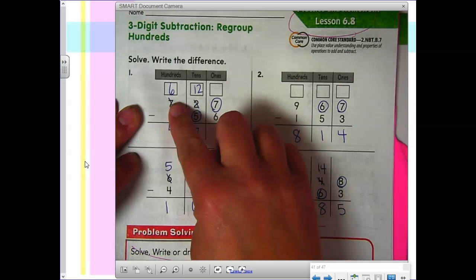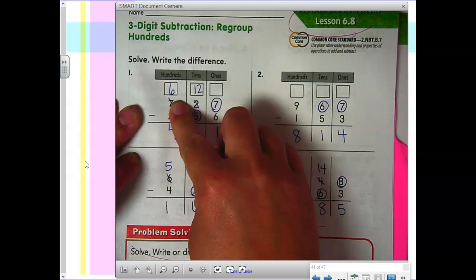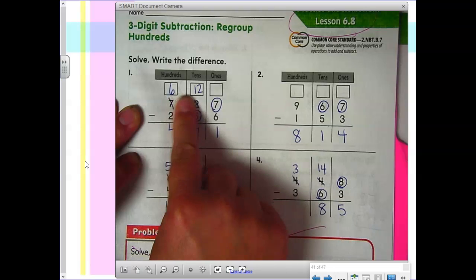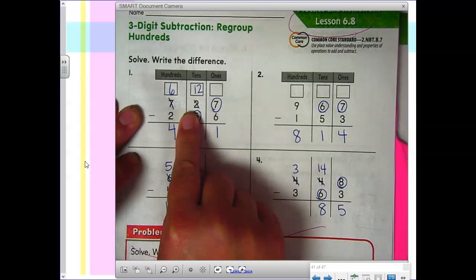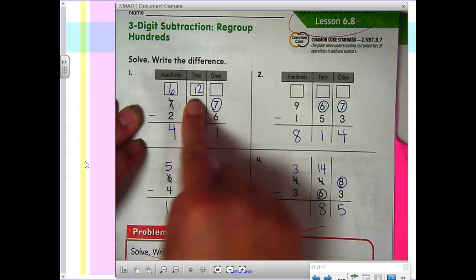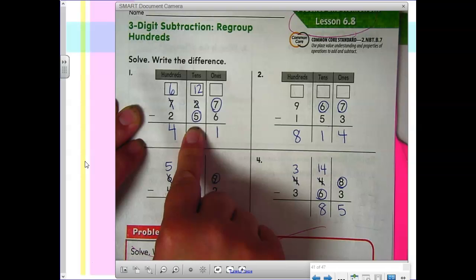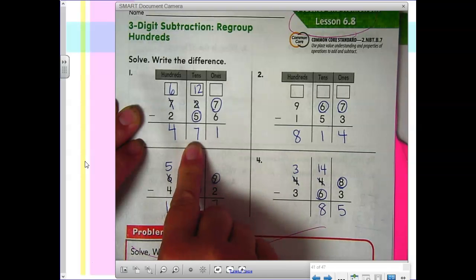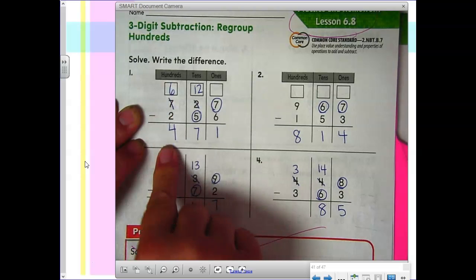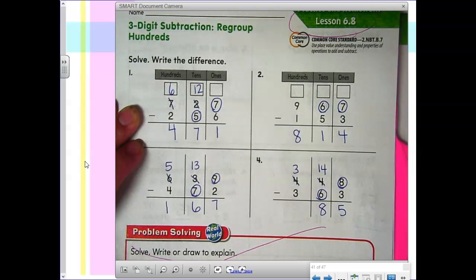We go next door and grab 10 more. So I took a group from 7 and made it 6. And then I moved my 10 tens over. Now 2 plus 10 is 12. Then I can subtract. 12 minus 5 is 7. And then my hundreds place. 6 minus 2 is 4. 471.